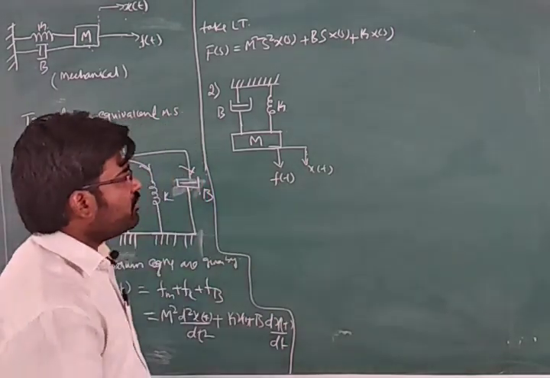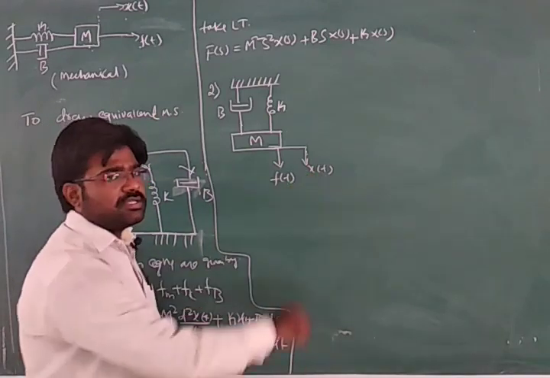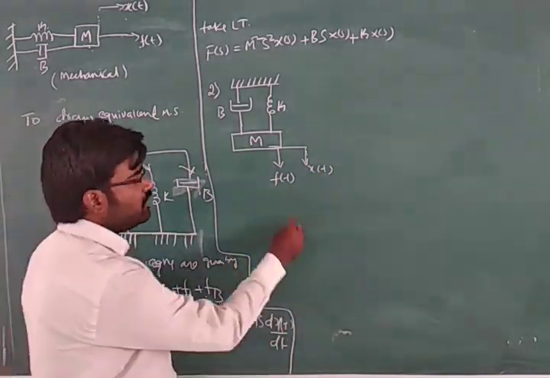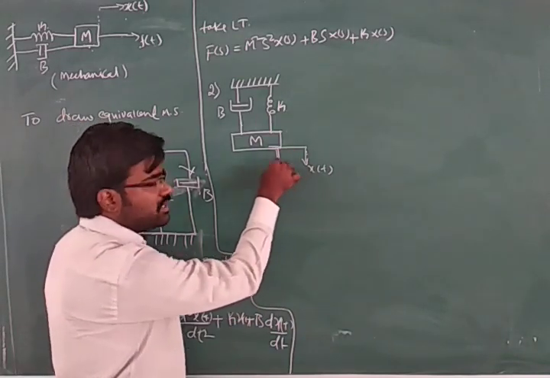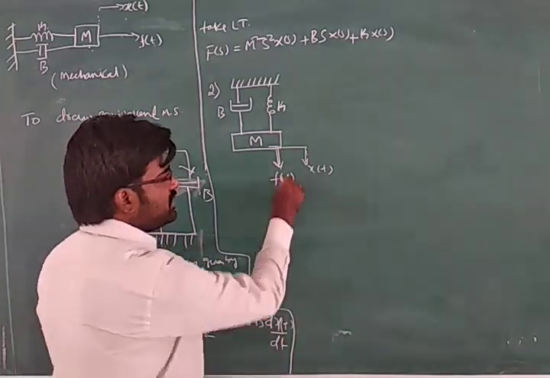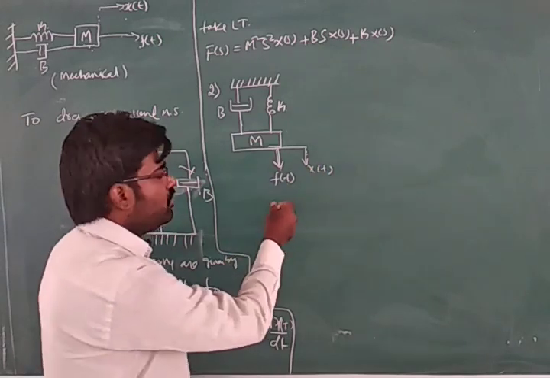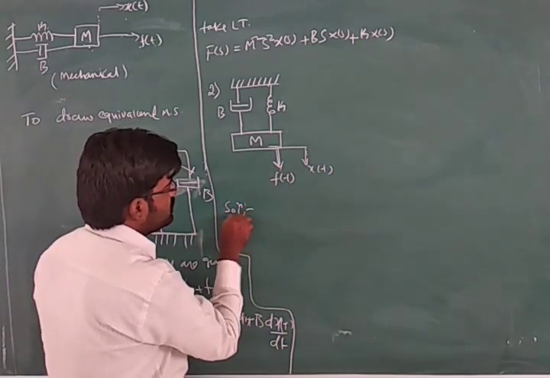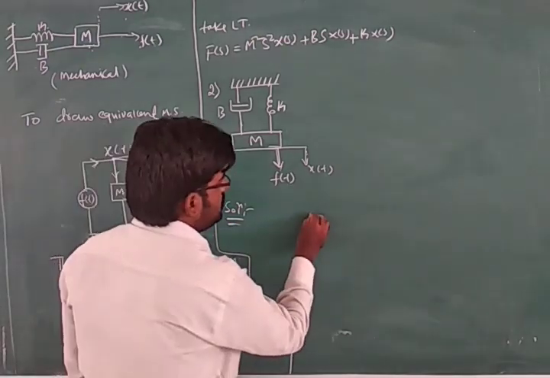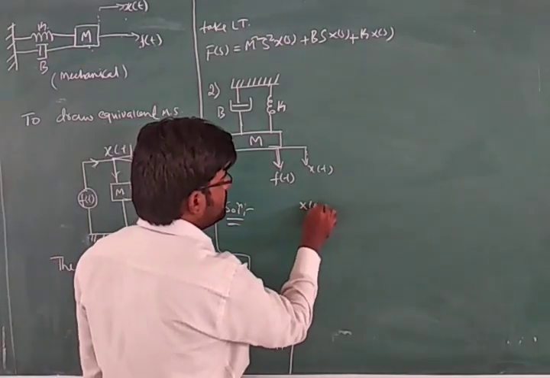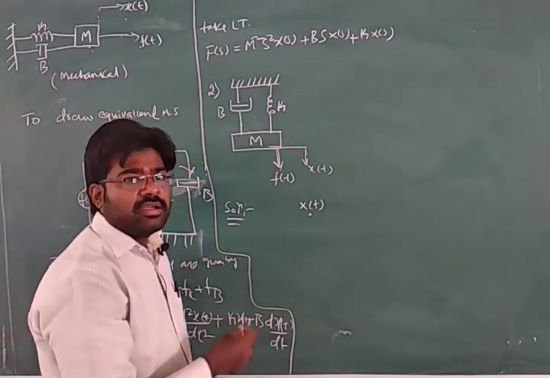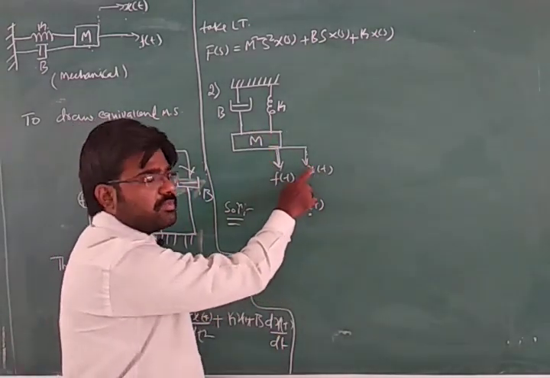So to draw the equivalent mechanical system, see how many displacements are there. One displacement, it means there will be only one node present, and the direction of the applied force is downwards. In the same way, displacement is also moving. Now equivalent mechanical system can be drawn like so. Select the node x of t. At this node, how many parameters are getting influenced because of this displacement?